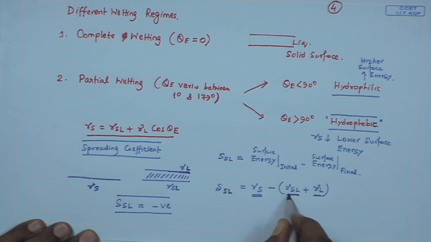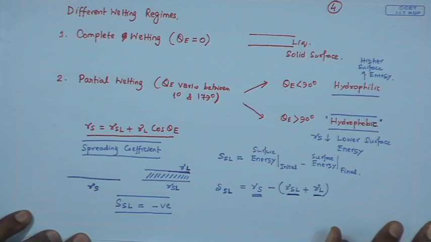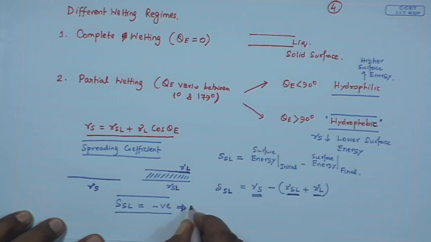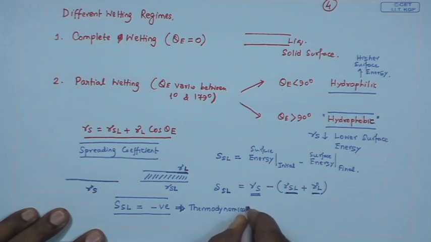But even if you create a film like that, what a negative value of spreading coefficient gives is that by creating this film, you have in fact increased the total amount of energy ascribed at the surface, and therefore, it is very likely that you have gone in the opposite direction of a natural process, and you have created a film that is thermodynamically unstable.